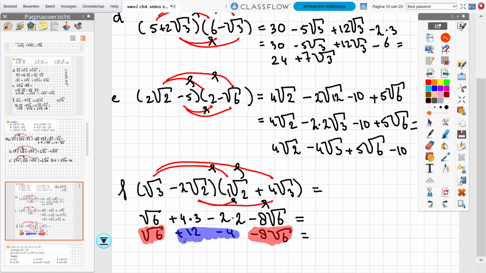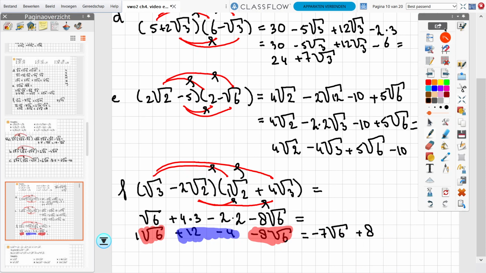So you get root 6 minus 8 root 6. You have one of them, right? So you subtract 8, so you are left with minus 7 root 6. And plus 12 minus 4 is plus 8, of course. Thank you. And those are not like terms, so this is your final answer.